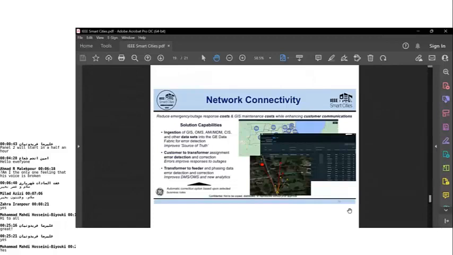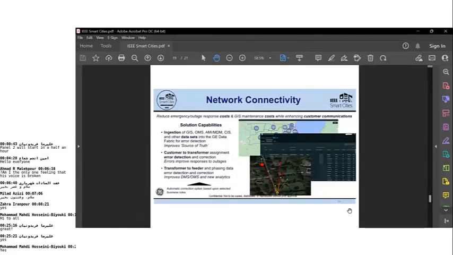Some solution capabilities have been presented here, with the ingestion of a lot of datasets like GIS, OMS, AMI, CIS for error detection, which improves what we call the source of truth, because a lot of other applications and databases are going to use the meter transformer associations and phase labelings.